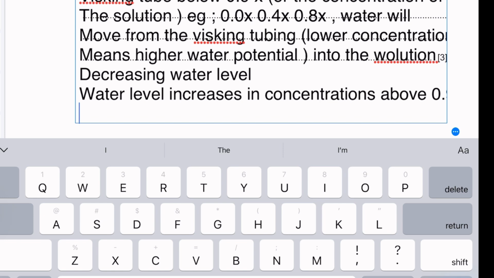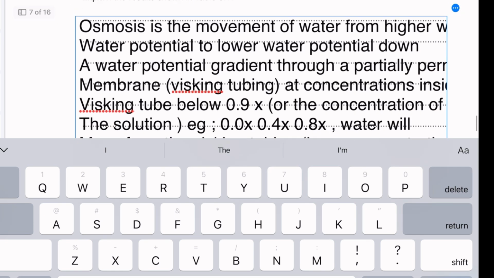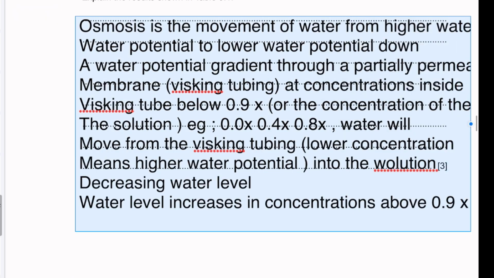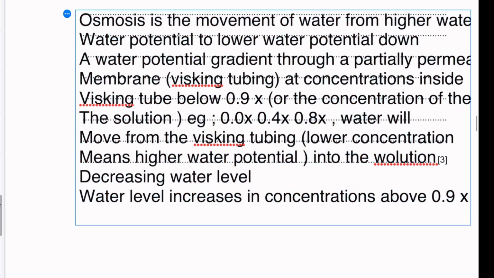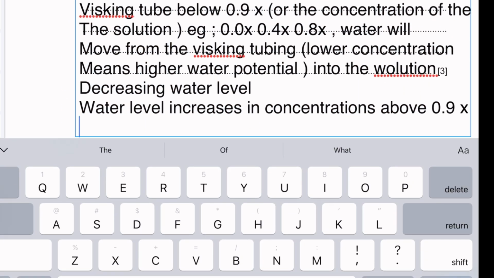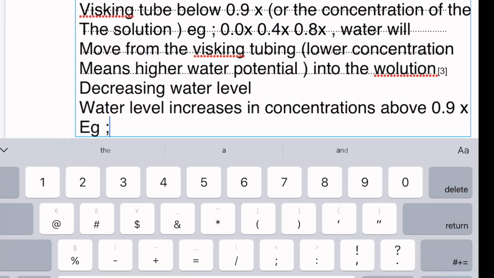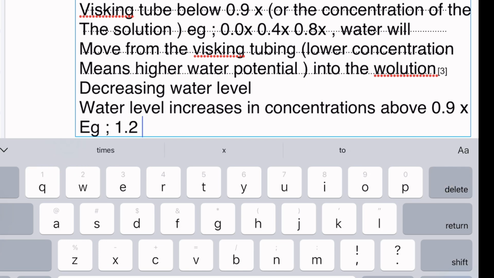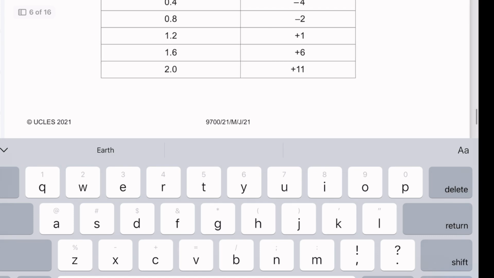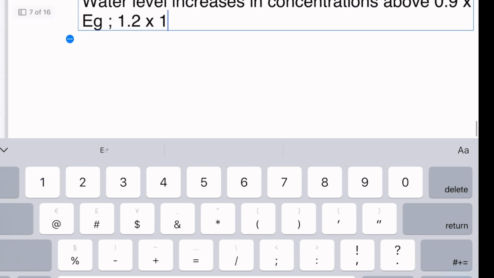So above 0.9, and then you mention examples, which are 1.2, as well as 1.6 and 2.0.